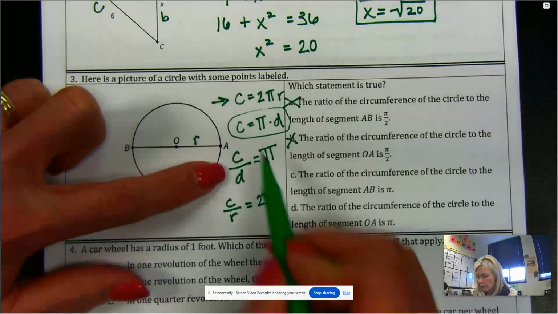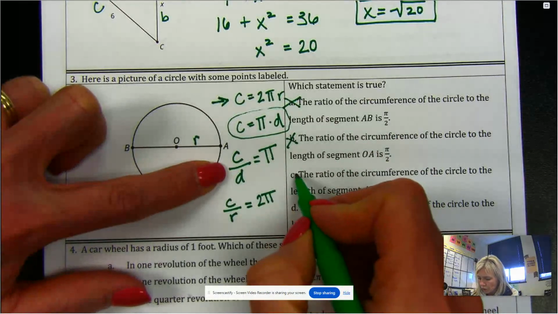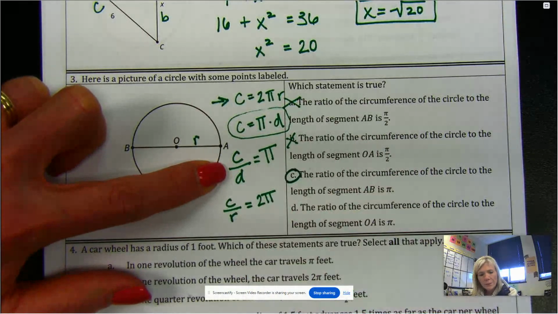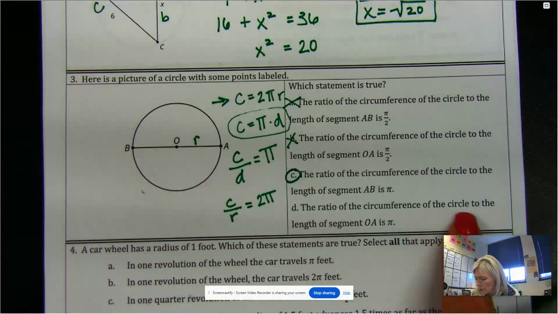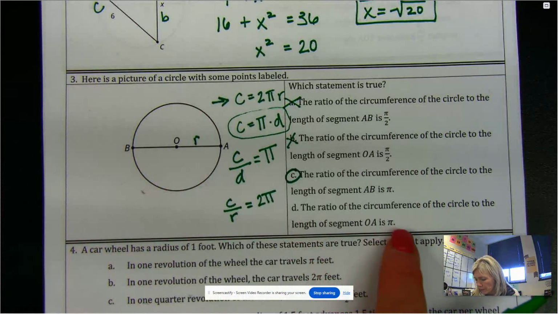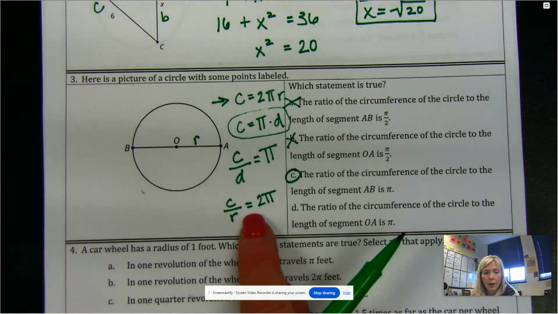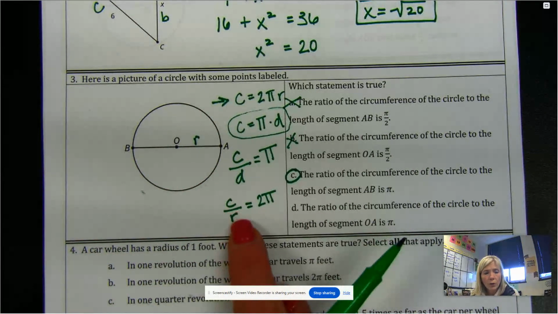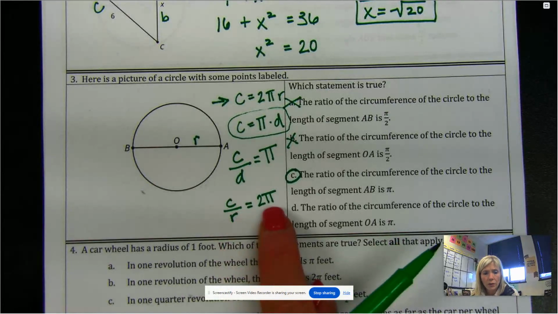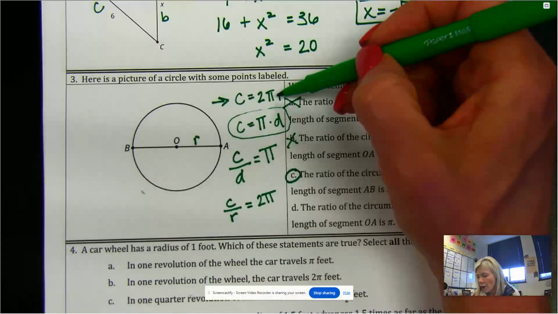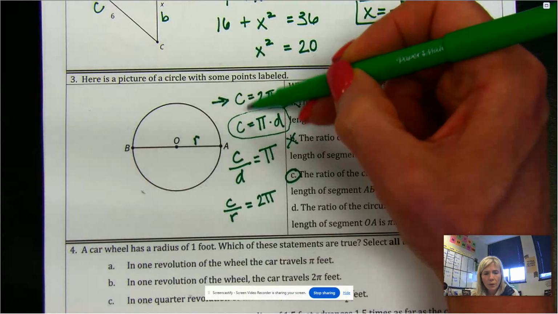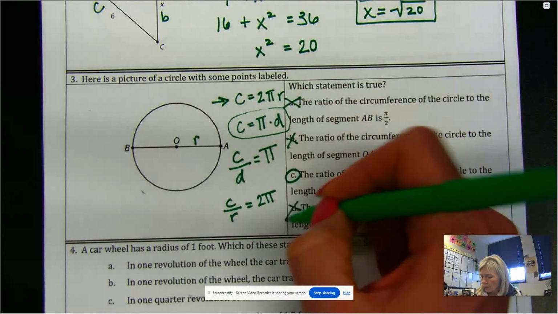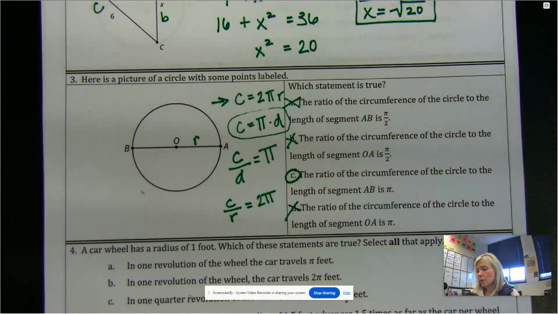Well, I actually already found that right here. This is true. I'm going to circle that. And then I'm just going to check the last one as well. The ratio of the circumference of the circle to the length of segment OA is pi. And that's this one that I already checked. The circumference to OA, which is a radius, is actually equal to 2 pi. So anyways, I just generated all of these from those two formulas that you have learned in the past for circumference. So C is the only correct response there.